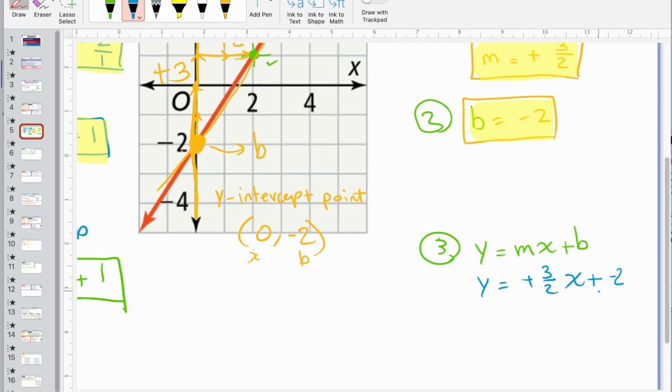So y equals positive 3 over 2 x minus 2, because positive and negative will give me negative. Again, this negative is for the B. It's not from the equation, it's for the B. Okay? So the B is negative 2. The M is positive 3 over 2. That's it.